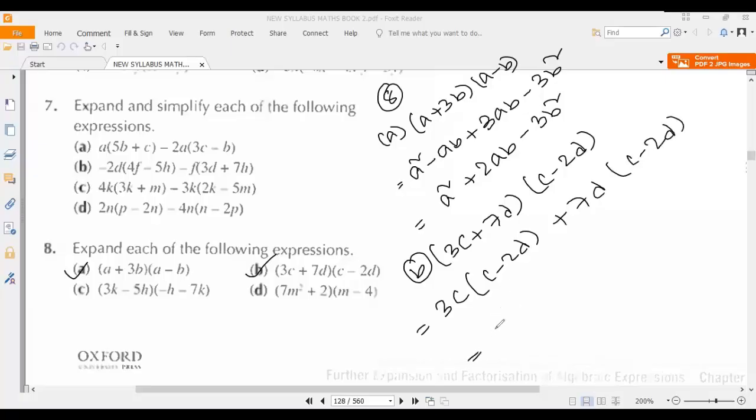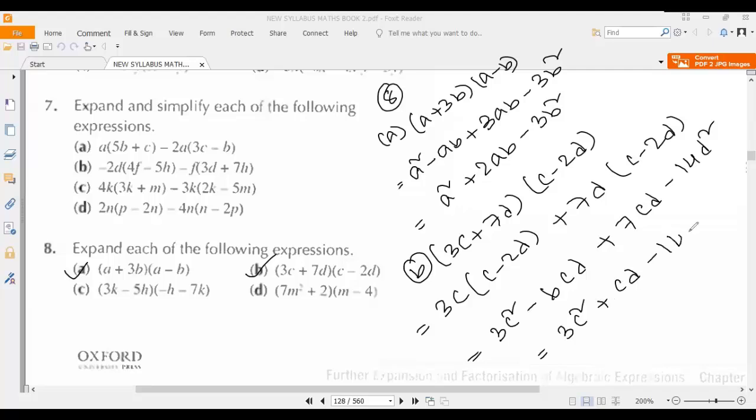So 3c into c will be 3c square, minus 3 twos are 6cd, plus 7 c into d, 7cd, plus a minus a minus 7 twos are 14d square. Now what will be the final answer? Final answer will be 3c square, minus 6 plus 7, that means plus cd minus 14d square.